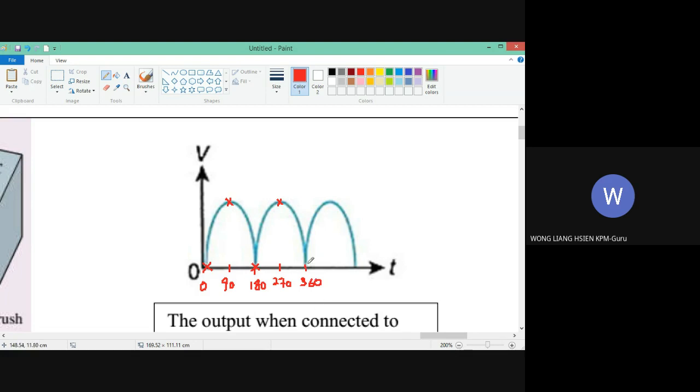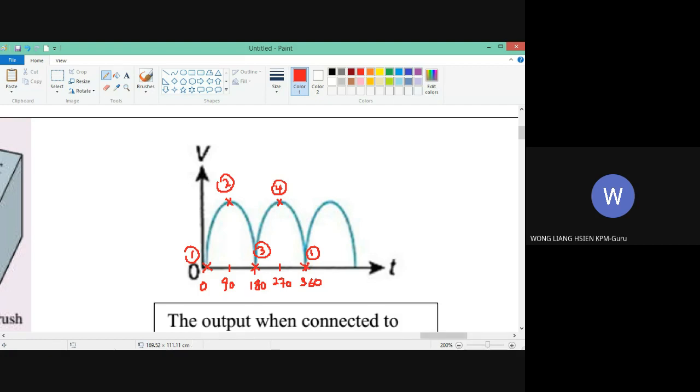You see or not? This 360 degree is the same as process 1. So this is how the direct current generator works, how it produces direct current.